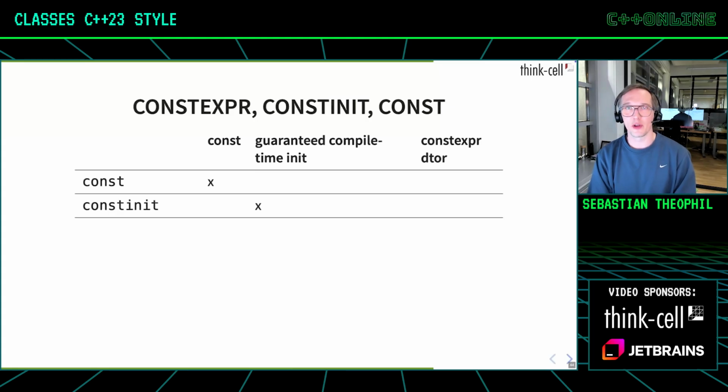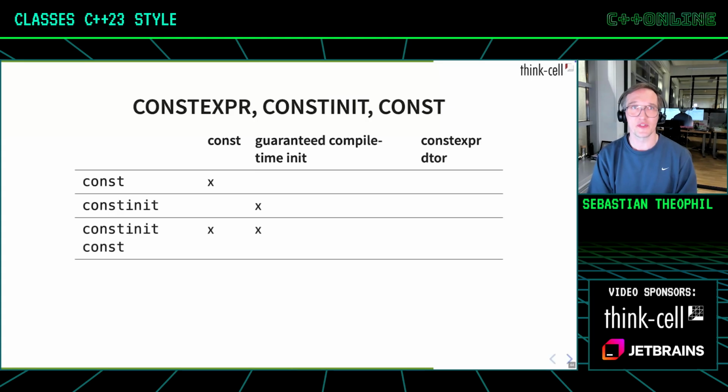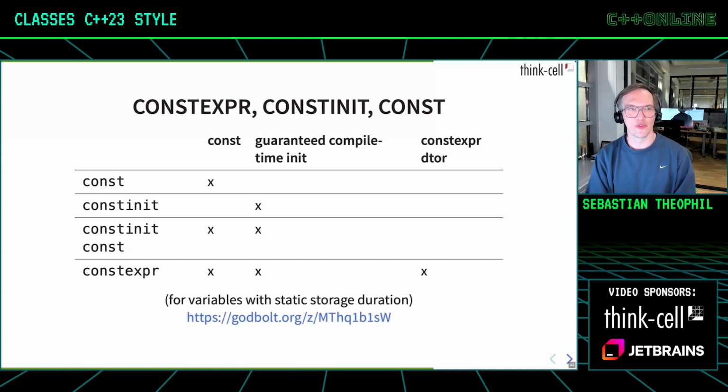So since a constinit variable is not const, you can, of course, declare constinit const values. They are both constant and guaranteed compile time init, but that's not the same as having a constexpr value, because a constexpr value is also guaranteed to have a constexpr compile time destructor. So this all is true for variables with static storage duration.